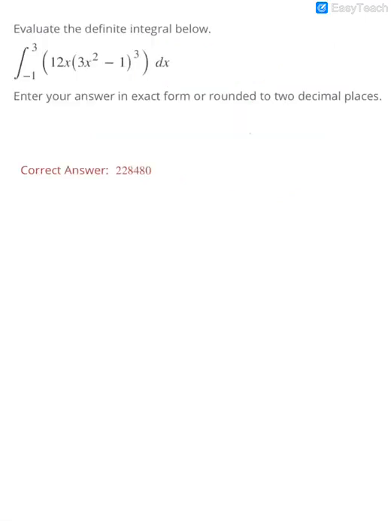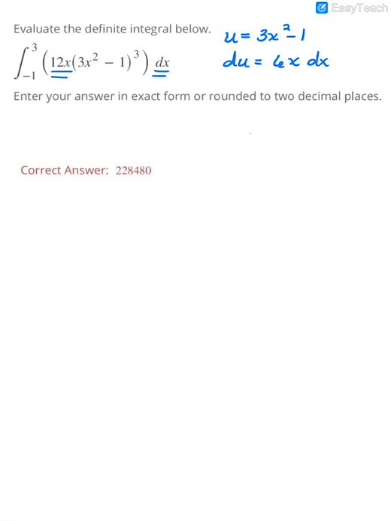Okay, so on this last one, you'll have to recall the U-substitution that we did. So in this case, I would let my u be equal to the higher power of x, which is the 3x squared minus 1. And so then in that case, the derivative of my u would be a 6x dx. Now you'll notice we don't have a 6x dx in here.